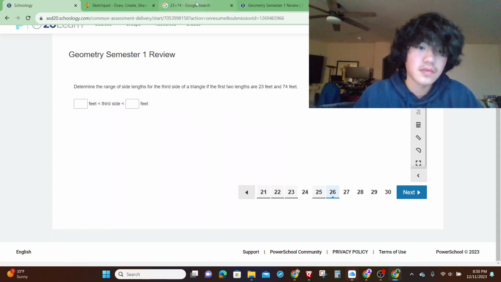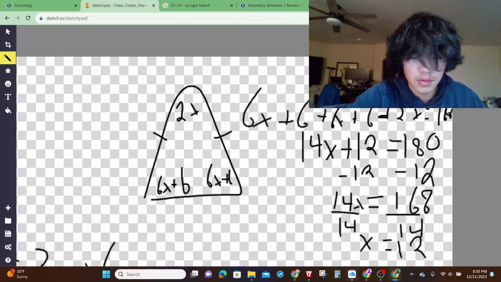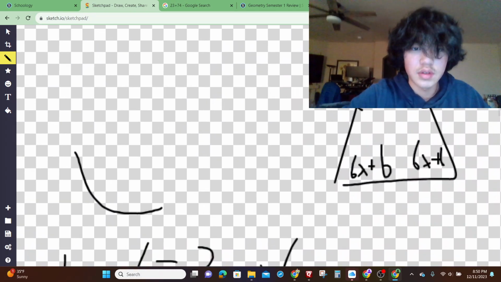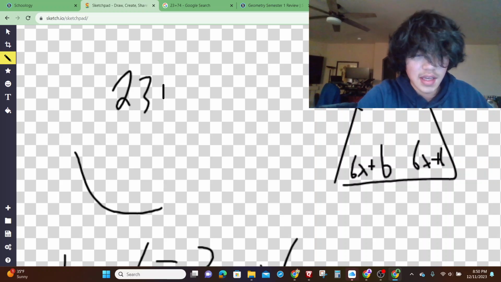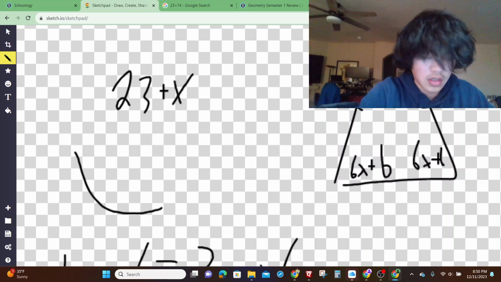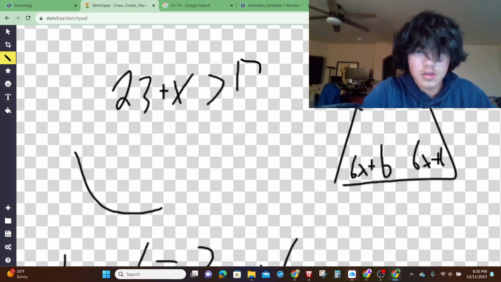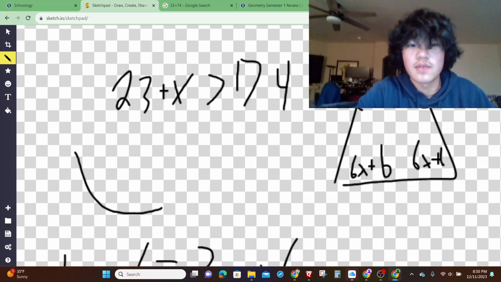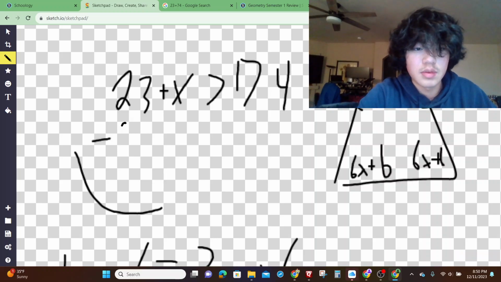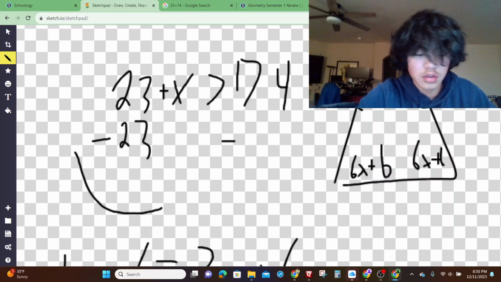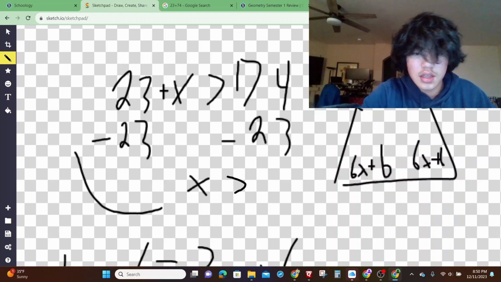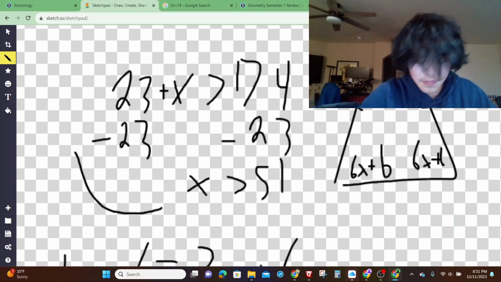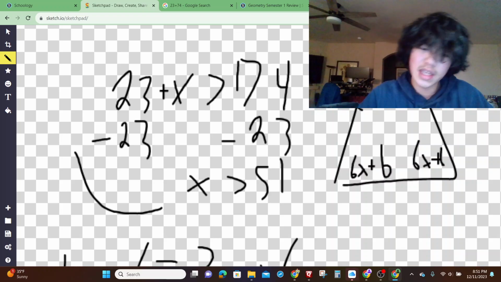Okay. So what we're going to do is 23 plus x. That has to be greater than 74. So subtract 23 from both sides, so x is greater than 51. So that is one of our ranges.